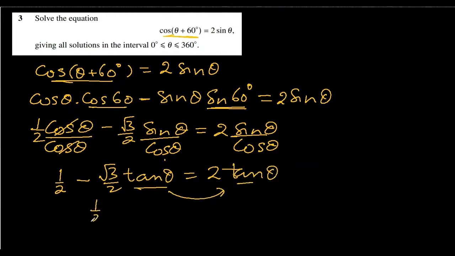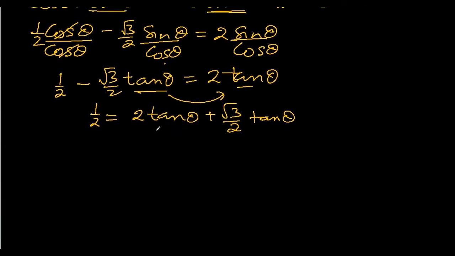So half equal to 2 tan theta plus square root 3 over 2 tan theta. Okay, let's add this because both of them are tan theta, so we can add 2 and square root 3 over 2. So half equal to 2 plus square root 3 over 2, tan theta.